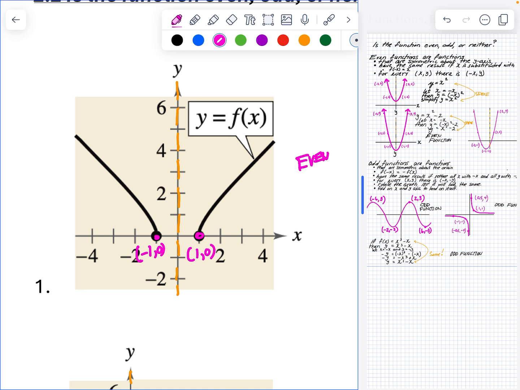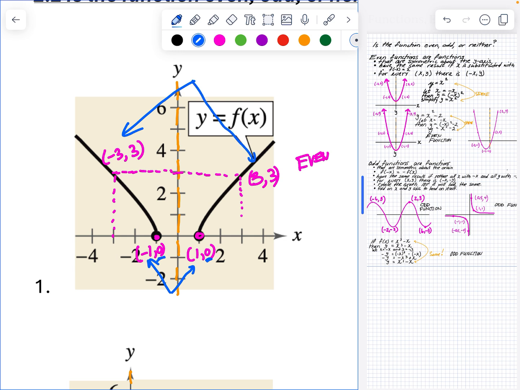If I have a point, let's say that's the point 3, 3, then I'm going to have a point -3, 3. So when this x is -1 and this x is +1, the values of y are the same. If this x is -3 and this x is +3, in other words, the x's are opposites of each other, the y's are the same number. That's a definition of being an even function.